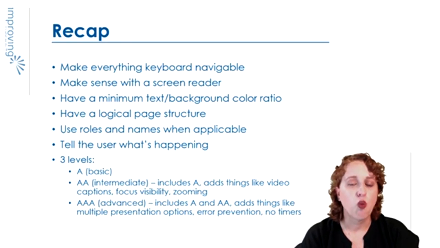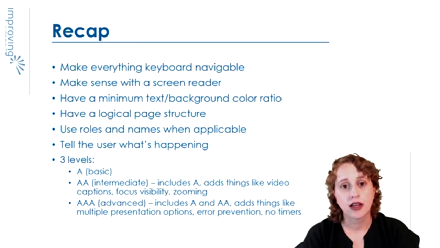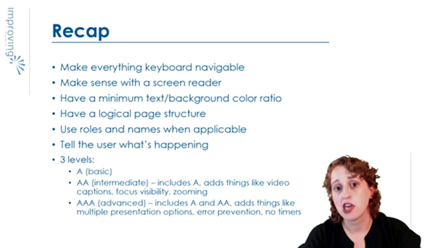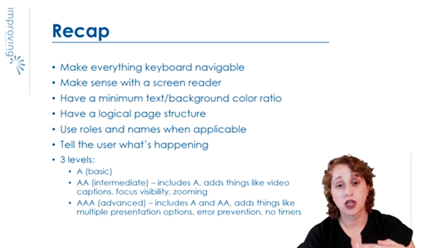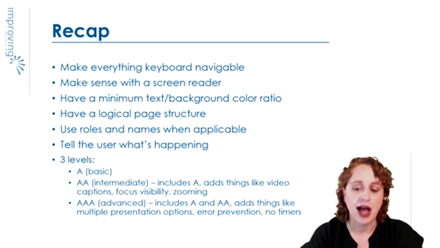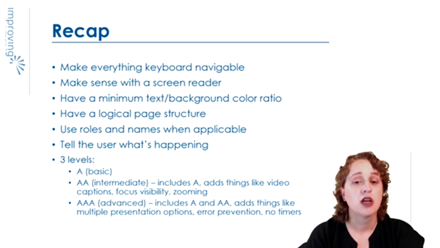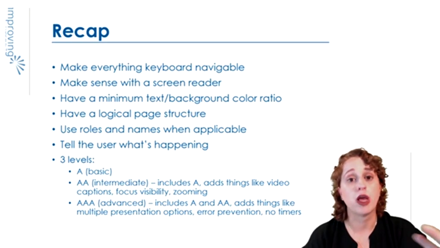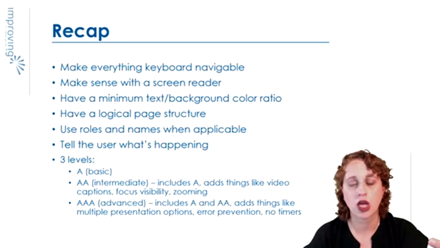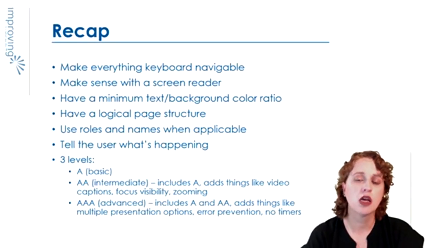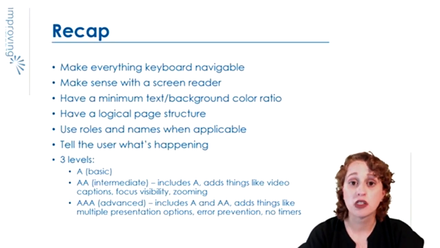That is what ideally every site out there should have. The next level, if you want to go a little bit further, is going to be your AA intermediate compliance. So that builds on top of level A, and then it adds things like your video captions, like the ability to zoom in on portions of the page without things going crazy, and then focus visibility.